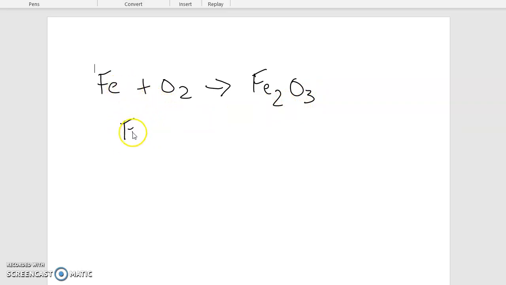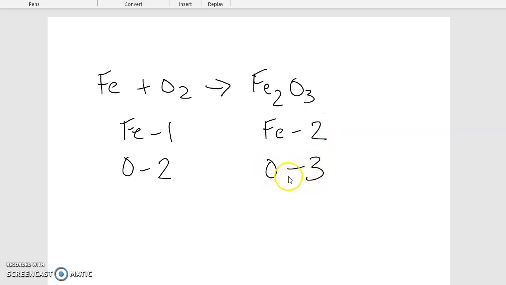Okay, let's say we had iron plus oxygen yields iron 3 oxide. We look here and we have 1 iron and 2 oxygens, and here we have 2 irons and 3 oxygens. This is not balanced at all. You might think, let's fix the iron first.